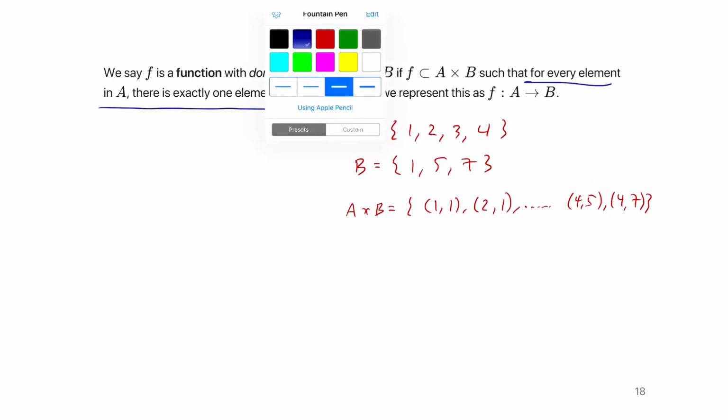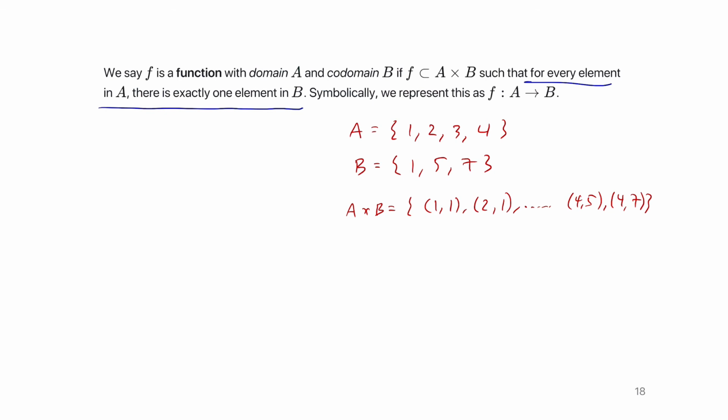So why don't we write a potential function with this domain and codomain? Okay? So what we know is that for every element in A, we pick exactly one element in B. So all this means is that a function is a relation that looks something like (1, something), (2, something), (3, something), and (4, something).